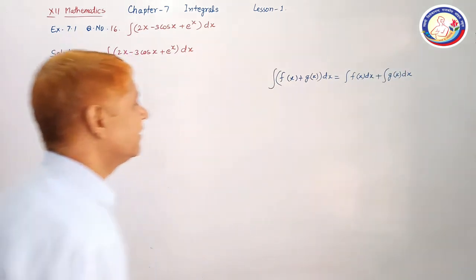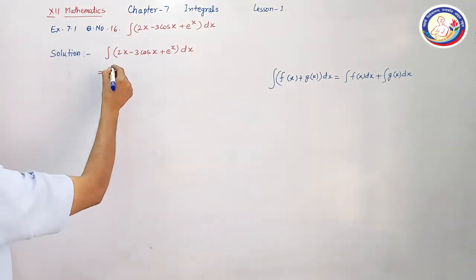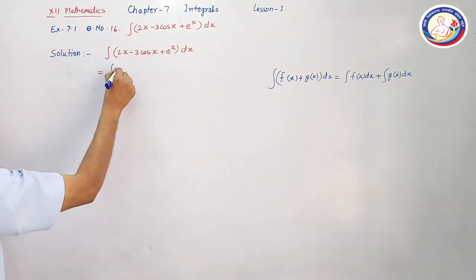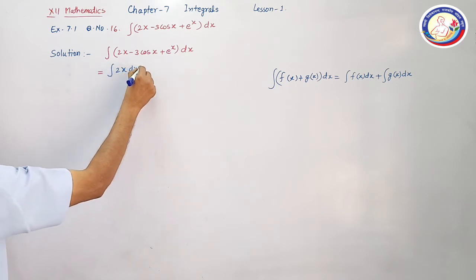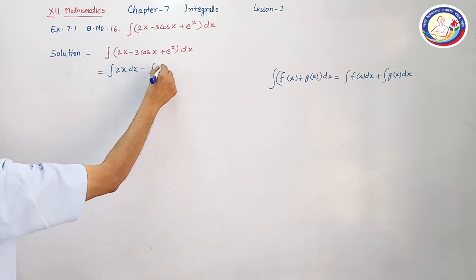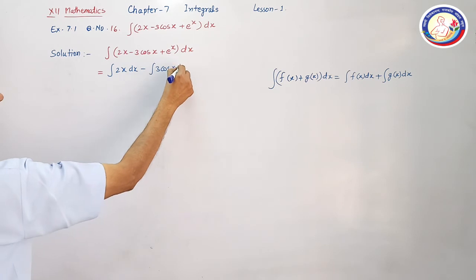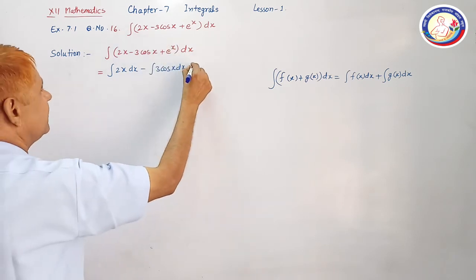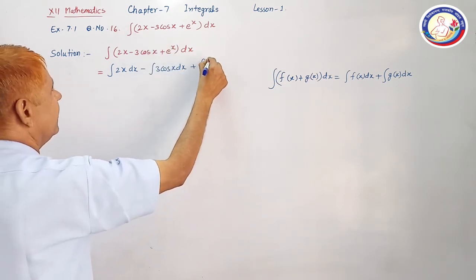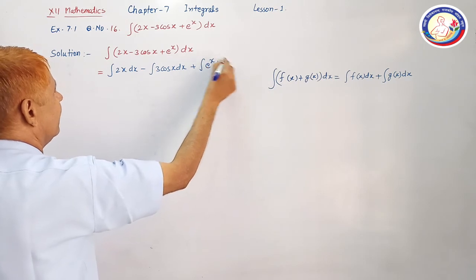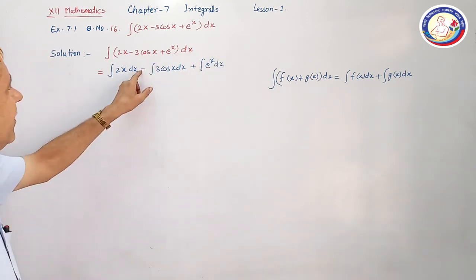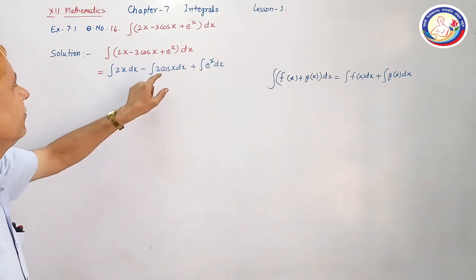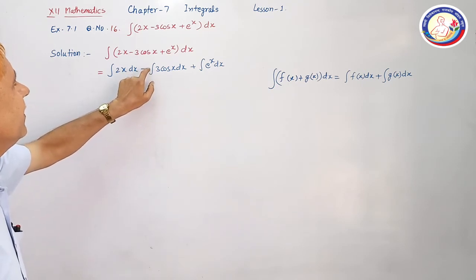Using this rule and generalizing it, we can write it as integration of 2x dx minus integration of 3 cos x dx, plus integration of e raised to power x dx. We can write it as plus minus 3 cos x also, but the minus sign will be here.